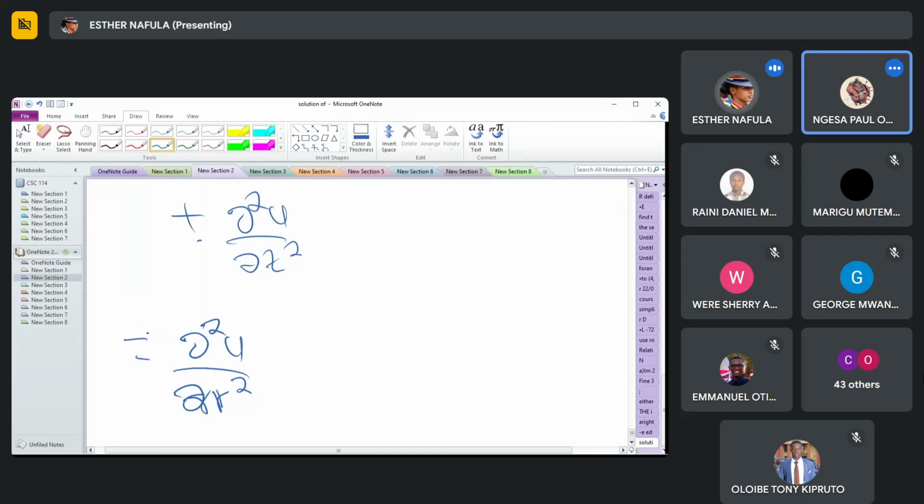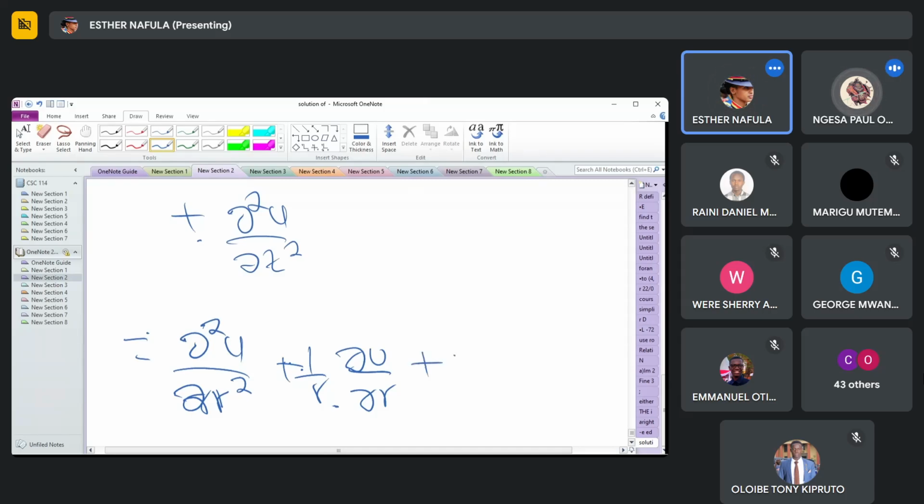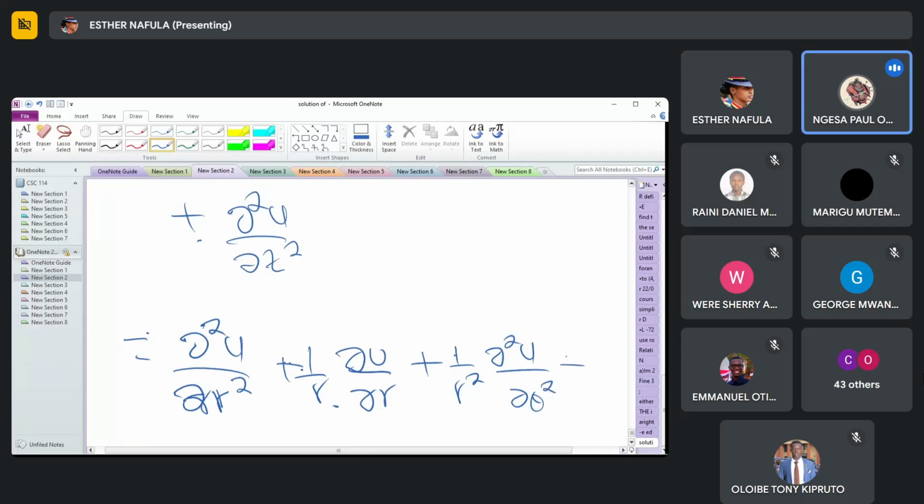Factor out what is common from the next two terms: we get 1 over r partial u partial r. The next two: 1 over r squared partial squared u partial theta squared. Finally, partial squared u partial z squared. So we'll pick it up from here in our next class. We'll now solve this by method of separation of variables.